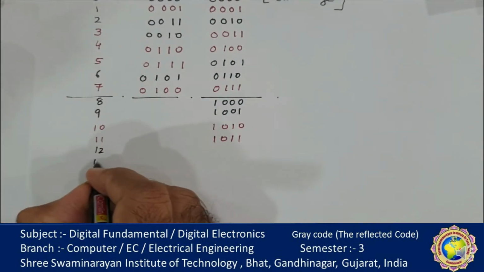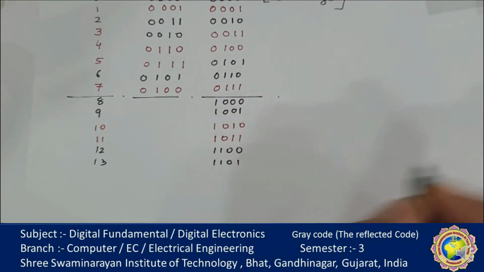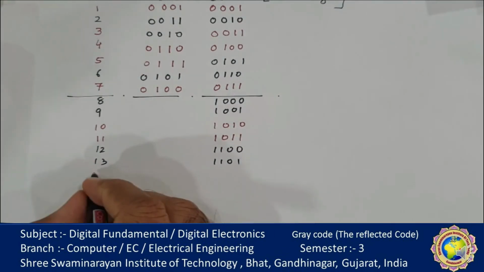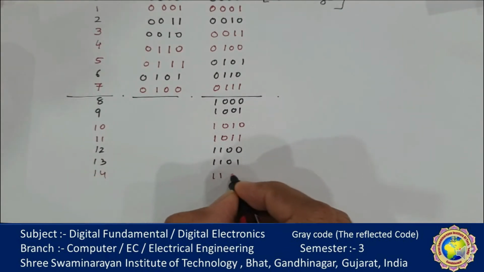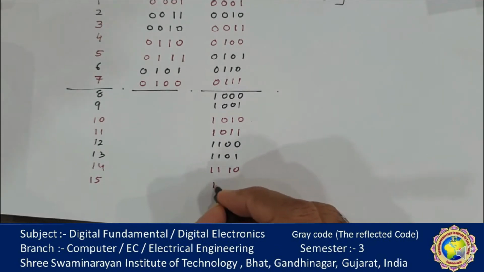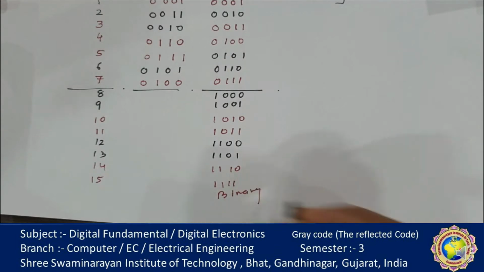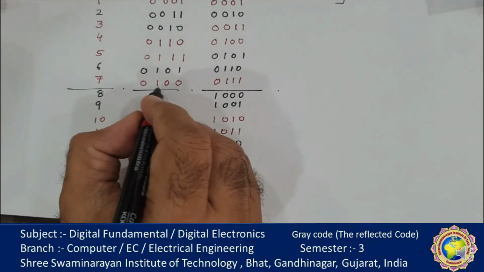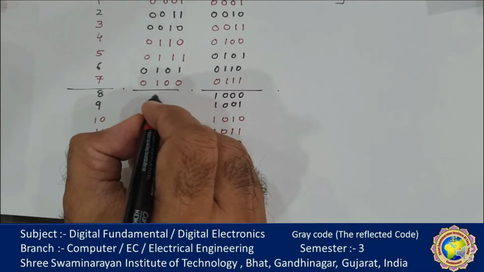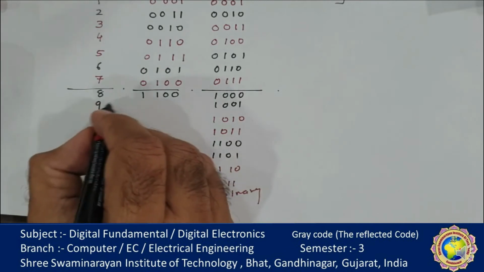Then 12 is 1, 1, 0, 0, 13 is 1, 1, 0, 1, 14 is 1, 1, 1, 0, while 15 is all 1s in binary. Okay. While gray code is reflected, so the last 3 bits will be the same as in the mirror, but the first bit will be replaced by 1.